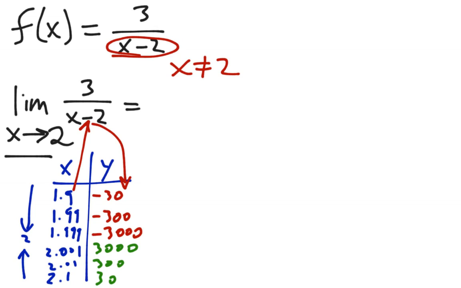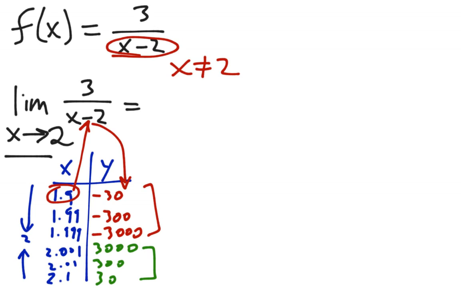Okay, so if we start picking numbers that are less than 2 here, we get negative 30, negative 300, negative 3,000. And then if we pick numbers that are greater than 2, we have 30, 300, and 3,000. Notice that I drew these in 2 separate colors. And the reason is, check out the trend.